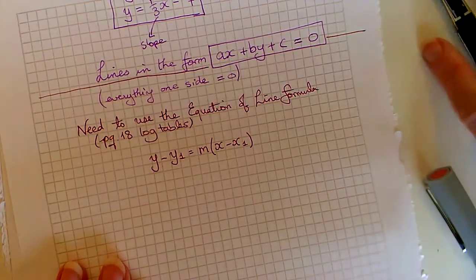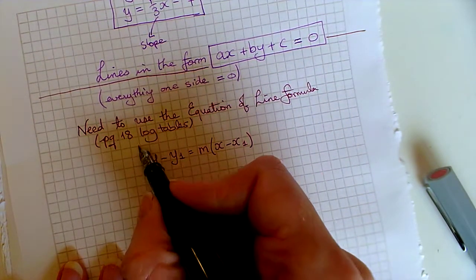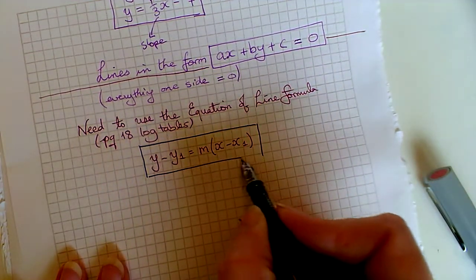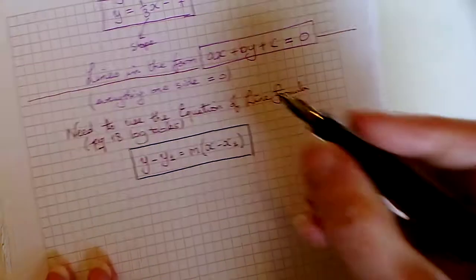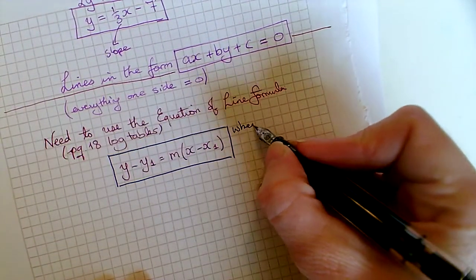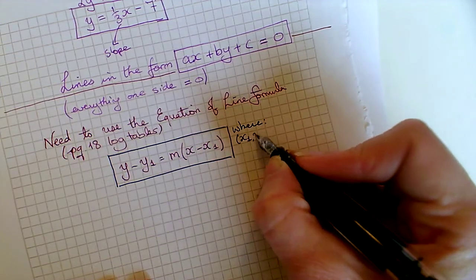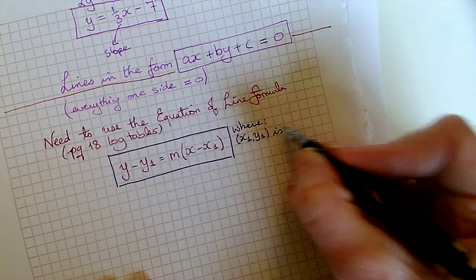Now that looks really confusing, but it's actually easy enough to use. It's a really important formula. I'm going to be using it a lot. Let's write down the meanings of our symbols. x1, y1 is a point on the line.